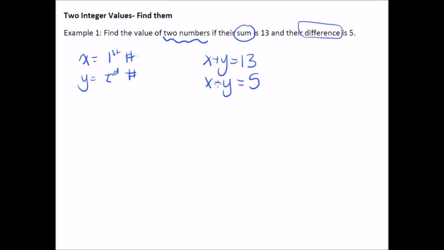So let's choose substitution or elimination. I'm going to choose substitution because isolating for any of these x or y's is going to be very easy. Okay, I'm going to bring over that negative y. We're going to have x equals 5 plus y. And then this is an expression for x. We're going to sub that into the other equation.